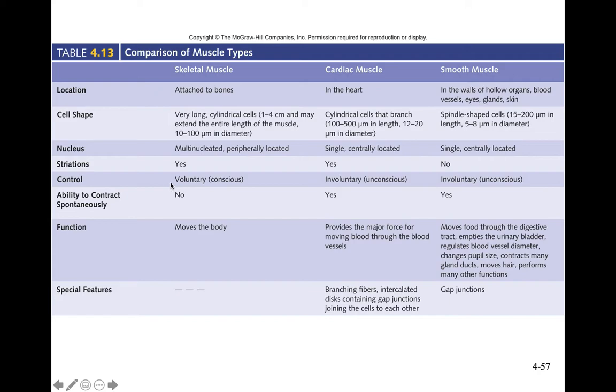Now, voluntary control, skeletal muscle is the only one that is under voluntary control. Cardiac as well as smooth muscle are both under involuntary control, and so we're not going to need a conscious thought to actually get them to contract. We also will have spontaneous contractions within smooth muscle as well as cardiac muscle, and you might have heard of the pacemaker of the heart.